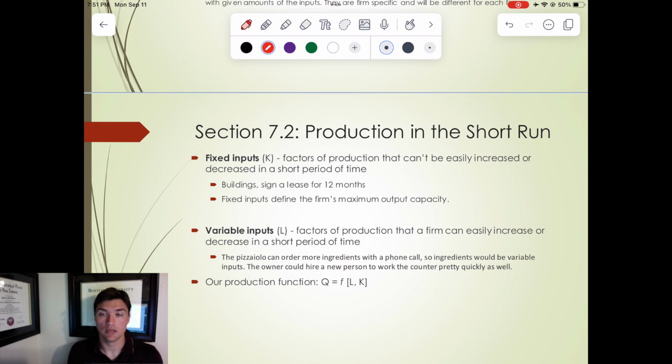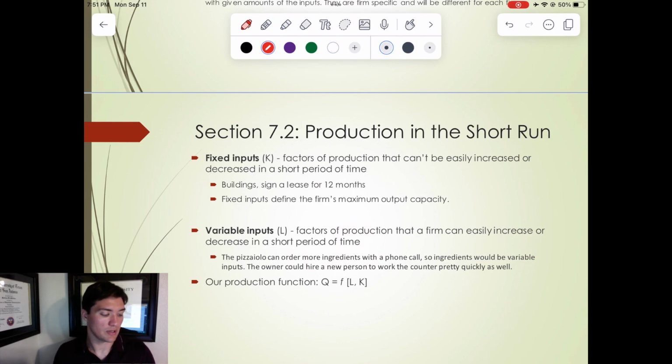So you're probably not going to consider a kitchen a variable input, because a variable input is where the factors of production can easily increase or decrease in a short period of time. A fixed input would be something like the kitchen. It might be a building, or your lease on a building. Those things are not going to change very fast. It's going to take months, or a year, for fixed inputs to change.